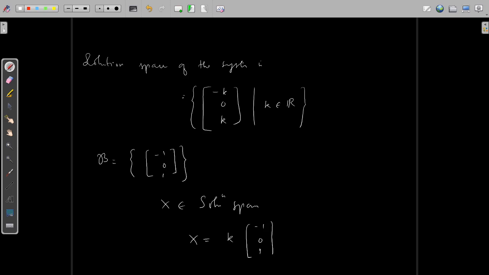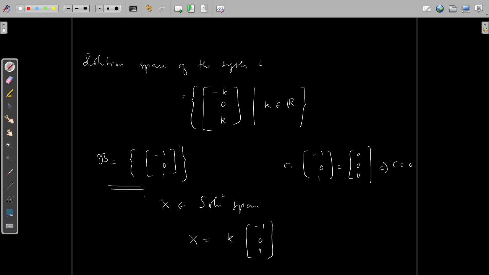And obviously, whenever c times (minus 1, 0, 1) equals (0, 0, 0), this implies c equal to 0. This shows that B satisfies the conditions of the definition of a basis. So this B is the basis for the solution space of the system of linear equations.